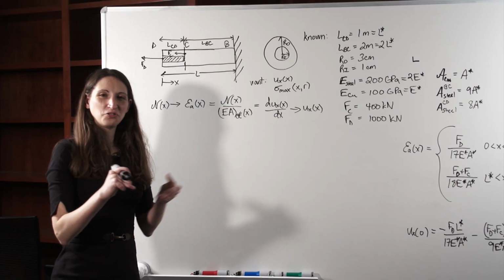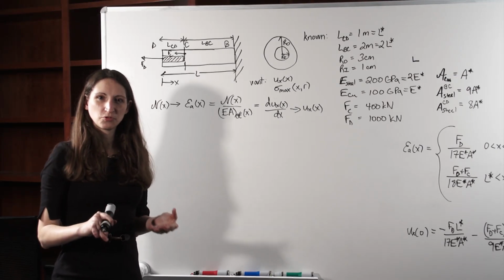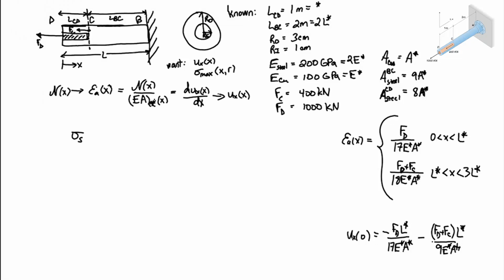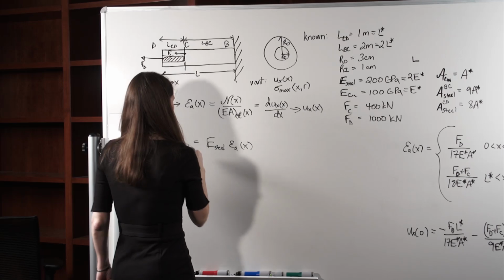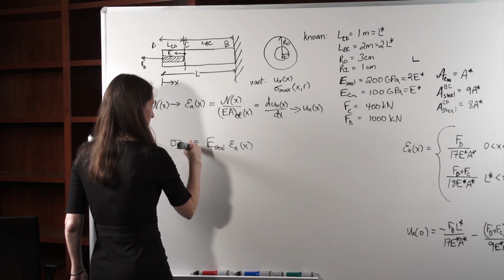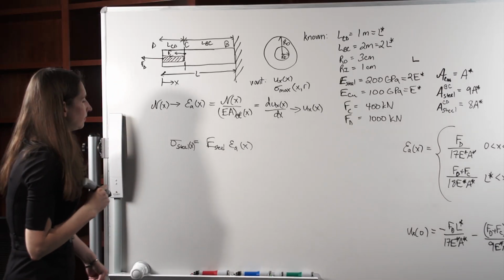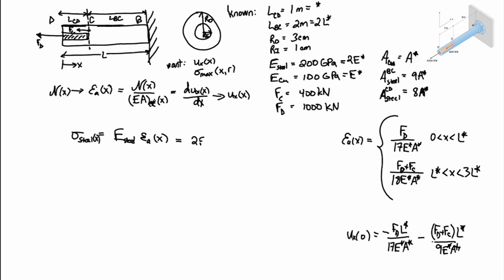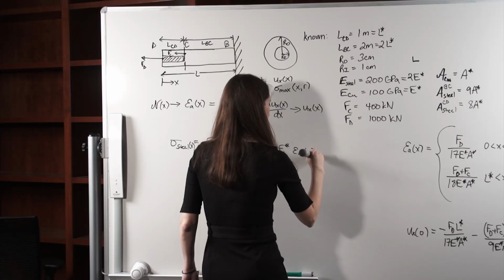Okay, so now let's do the final part of the problem. We just want to find the maximum stress in the steel. So we can write that our stress in the steel is equal to Young's modulus in the steel times epsilon of x. So let's put our little x in there. Which we know in our new notation is just 2 E star times epsilon A of x.